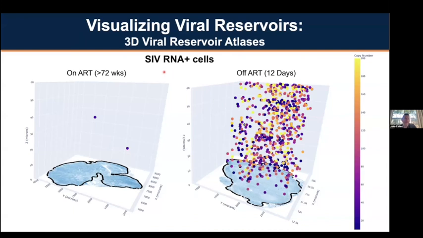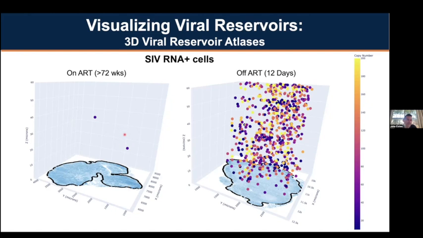We've also, in the last several years, begun to develop tools that allow us to understand the dynamics of these cells within the volume of the tissues in which they reside. I'm not going to talk about this any further today, but I wanted to highlight that when we look at serial sections of lymph nodes, for example, we can build what we refer to as 3D atlases of viral RNA positive cells. And we can quantify the extent of the viral RNA that they're expressing, shown here on this heat map.